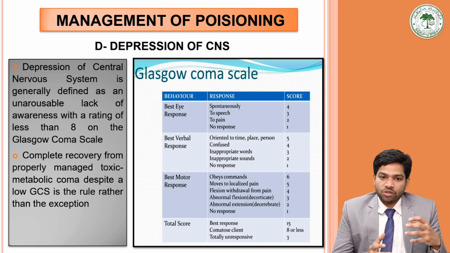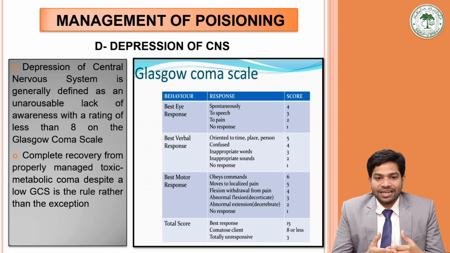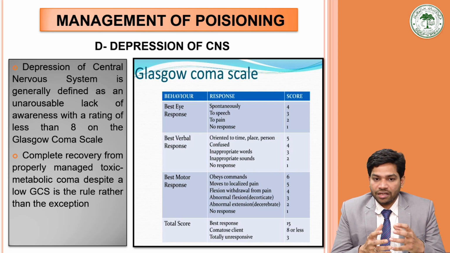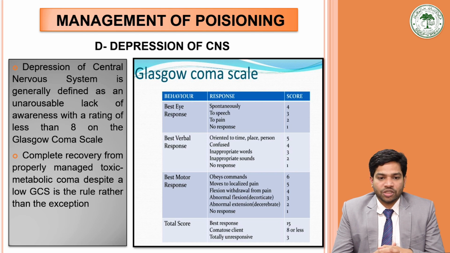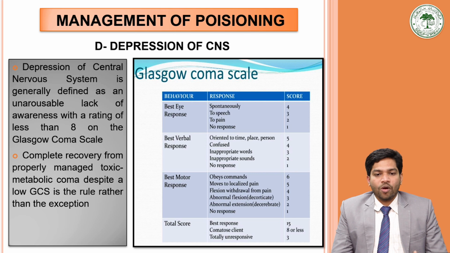However, if the coma is due to brain injury or other reasons and a patient is at a Glasgow Coma Scale of 3, there is a high chance that the prognosis is poor. Whereas in poisoned cases, complete recovery from properly managed toxic metabolic coma, despite a low GCS, is the rule rather than the exception. So most comatose patients due to poisoning come out of it after proper care and treatment.